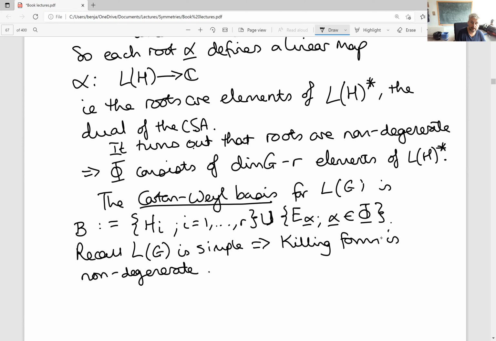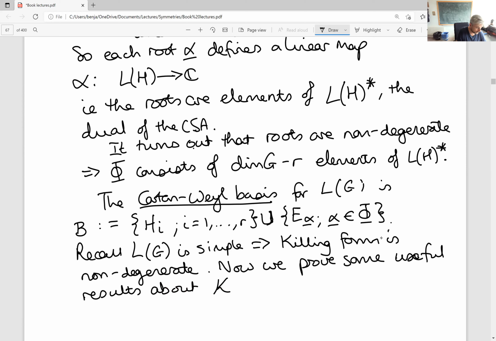So now we're in a position to be able to prove some useful results about the Killing form, curly kappa, in this particular Cartan-Weyl basis.